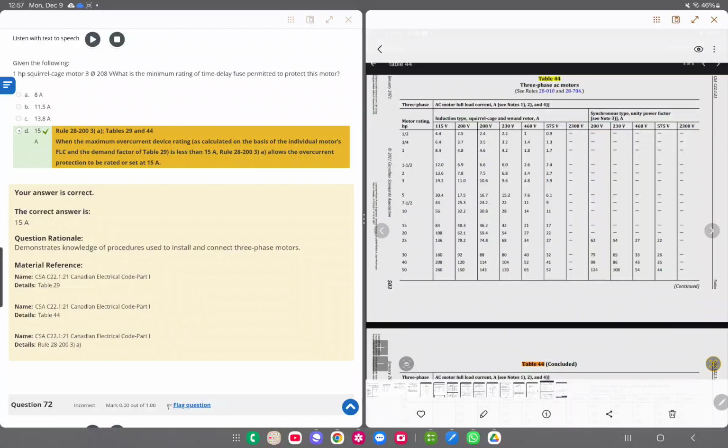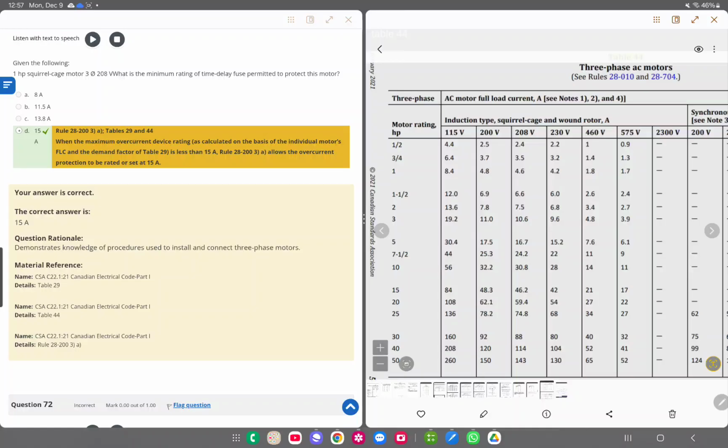What is the minimum rating of time delay? Well, we need the FLA first. So it's 1 horsepower and it's 208. So it's 4.6 amps. I could already tell this answer is going to be 15 amps. But okay, 4.6 amps.